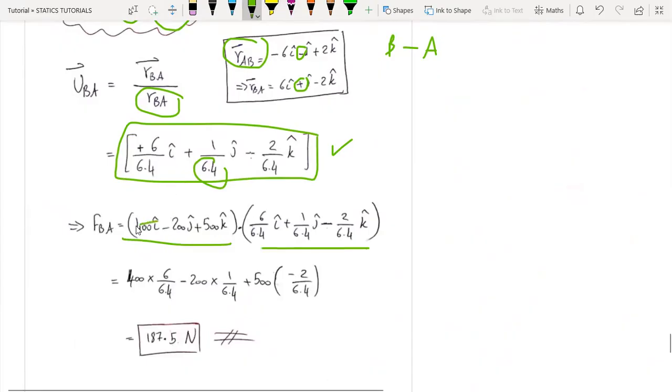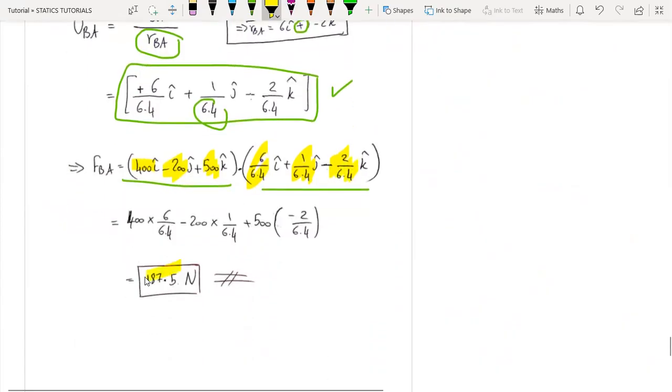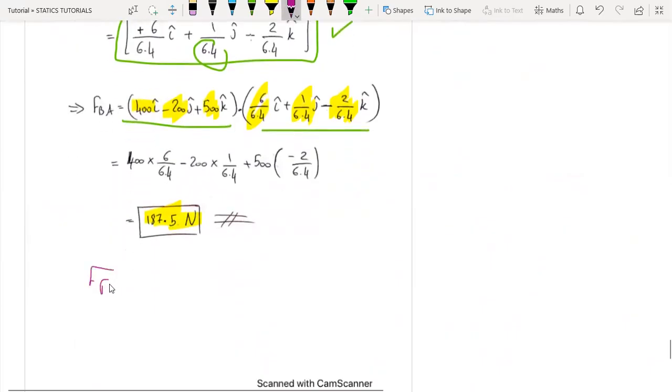We will say 400 multiplied by this number, plus minus 200 multiplied by this number, plus the z component of the first vector multiplied by the z component of the second vector, and we will get the magnitude. If the vector is required, FBA equals the magnitude FBA, which we have already found, multiplied by, not a dot product, the unit vector uBA, which we have already found.